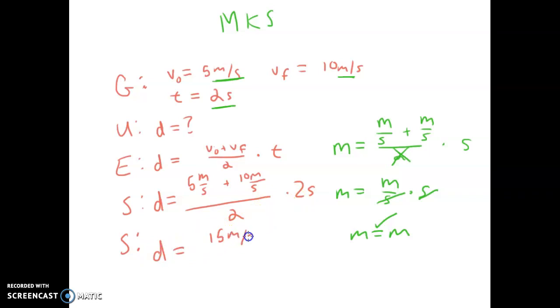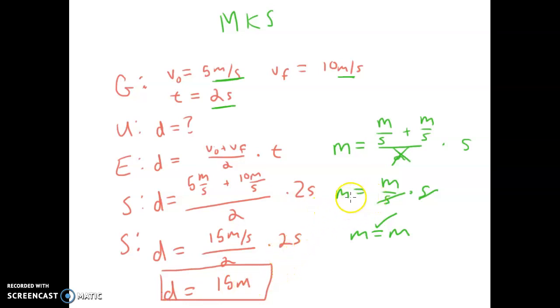And this would solve out to be, sorry, 15 meters. And we can see I kept units in the equation and they did indeed work out.